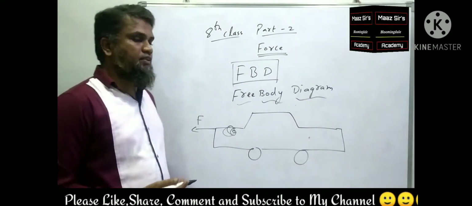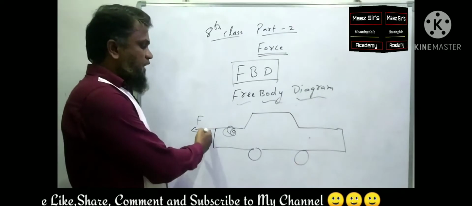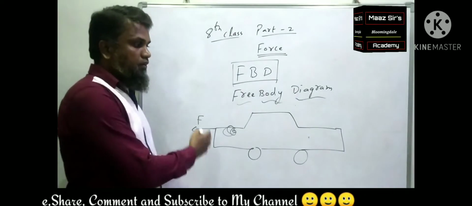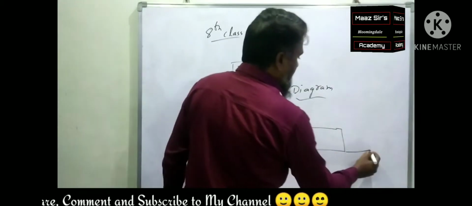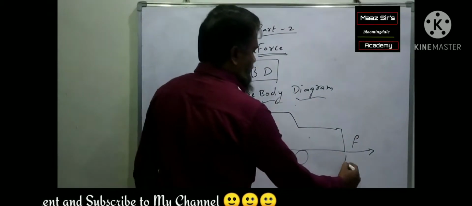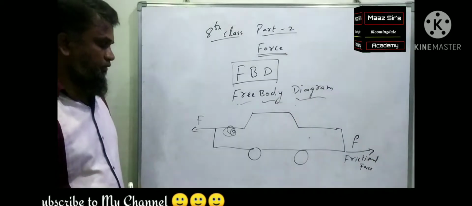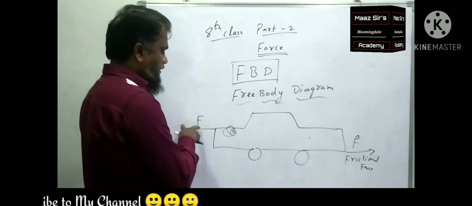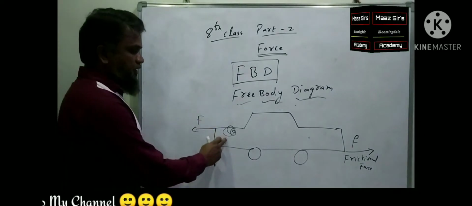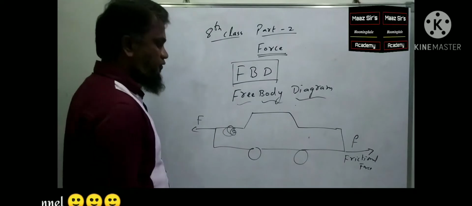As we discussed in the previous video, whenever a main force is acting in this direction, an opposite force will always act in the opposite direction. That is your frictional force. So there are two forces acting here: the main force of the engine and the opposite frictional force.